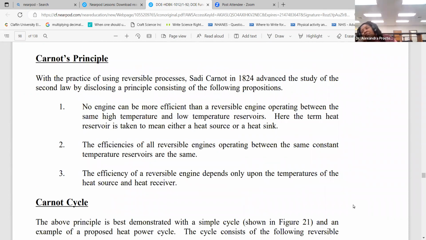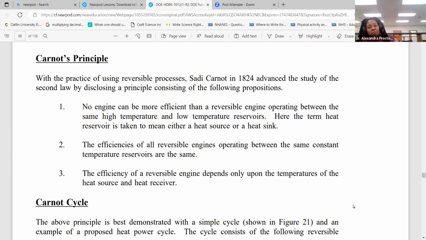And so you can't talk about the second law without talking about the Carnot cycle. With the practice of using reversible processes, Carnot in 1824 advanced the study of the second law by disclosing a principle consisting of the following propositions. He said, one, no engine can be more efficient than a reversible engine operating between the same high temperature and low temperature reservoirs.